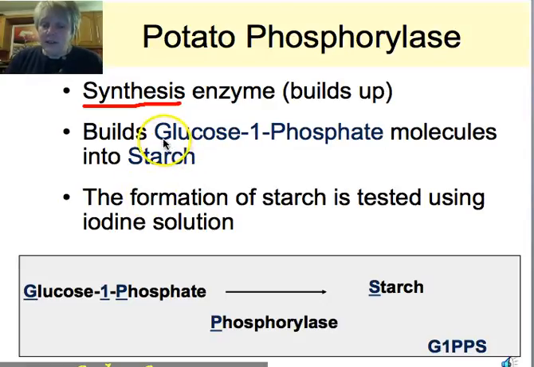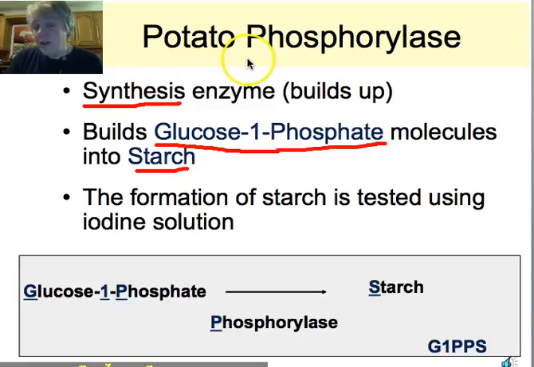What it does is it takes glucose 1-phosphate molecules and builds them up into starch. This enzyme is responsible for making the starch that potatoes are made up of, and you can test for the formation of that starch using an iodine solution.